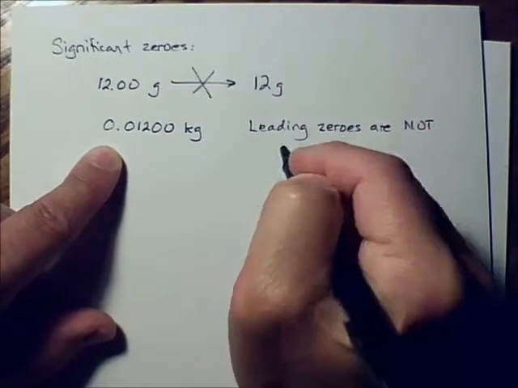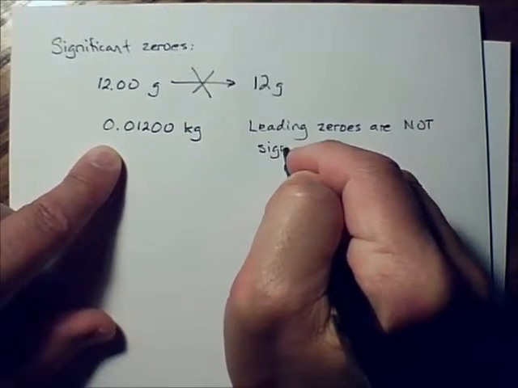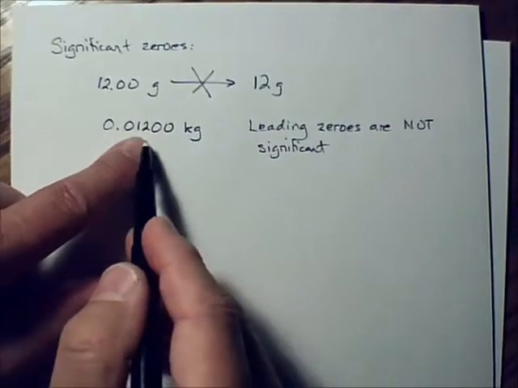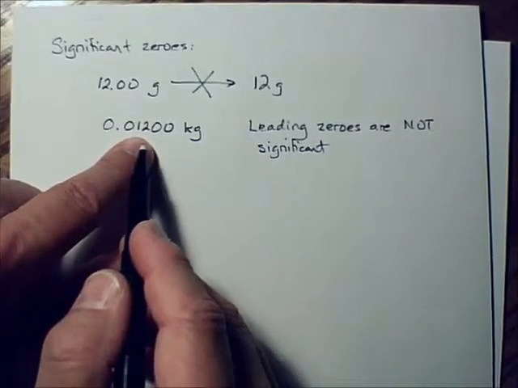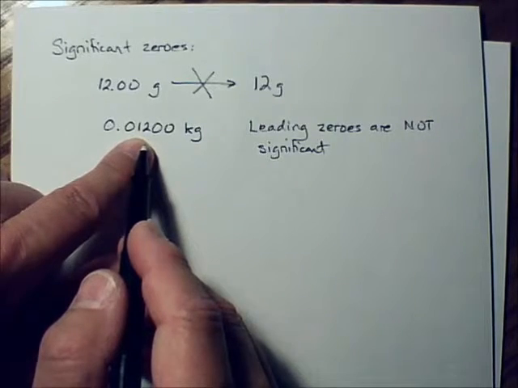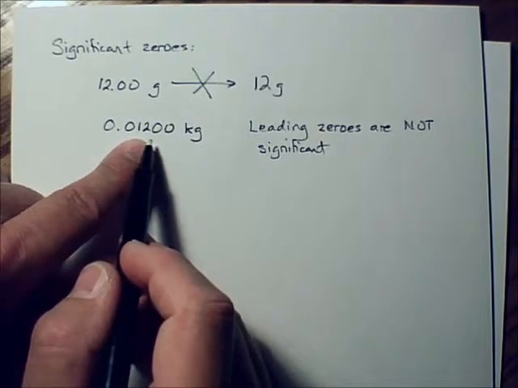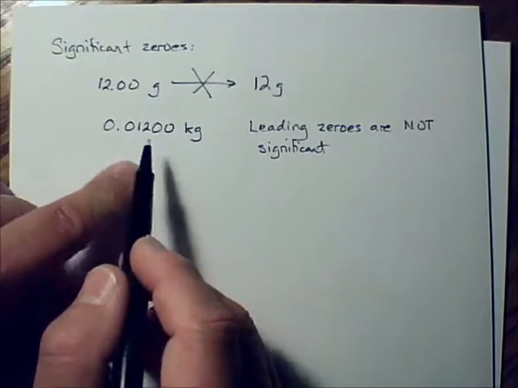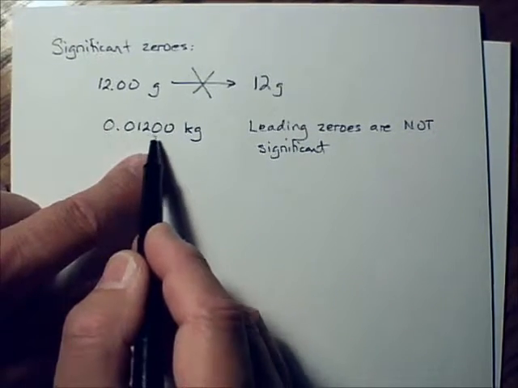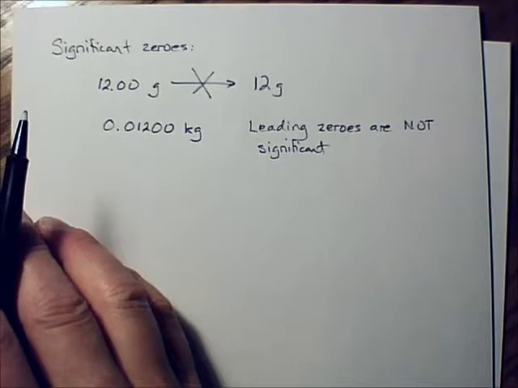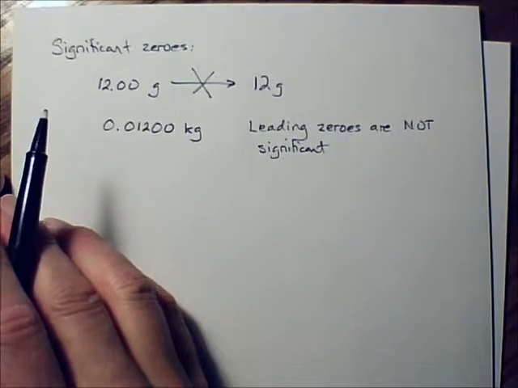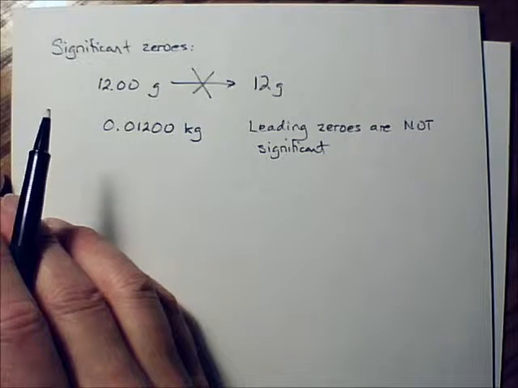Because all I did was convert it from grams to kilograms, this number has the same number of significant digits as this one does. So the leading zeros are not significant, but the trailing zeros, if there's a decimal place, are. Got that? Okay.